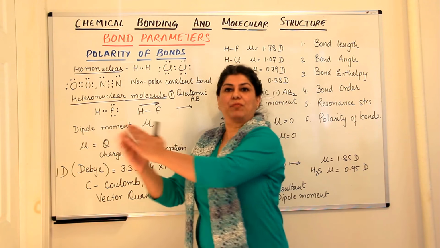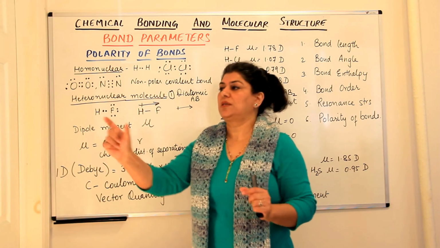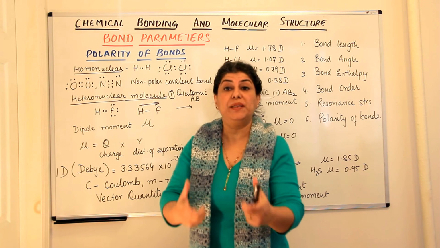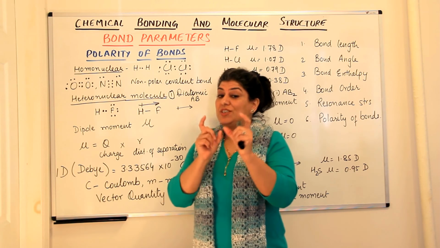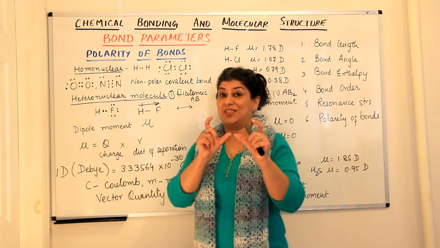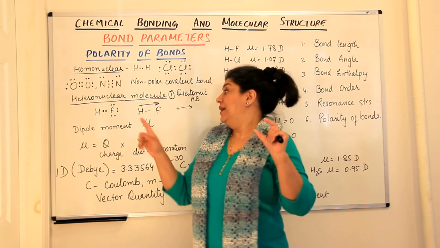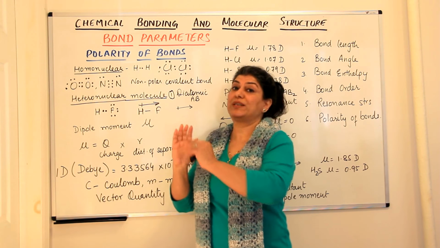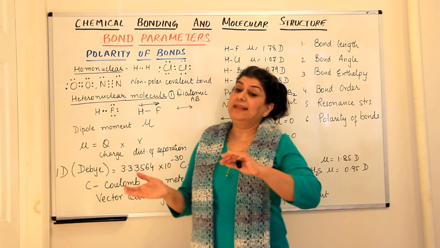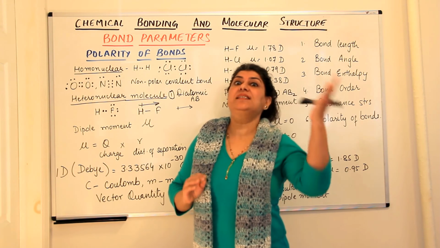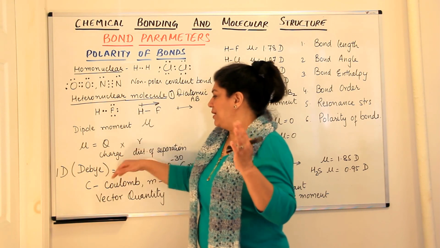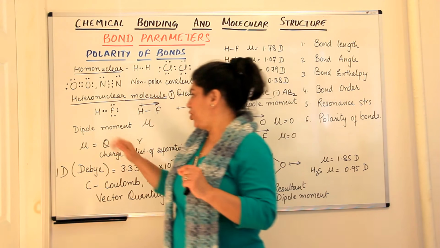It's not just that this is the dipole moment of this bond, this is the dipole moment of this bond, and the sum of these should be this. It's not just a mathematical sum of the quantities. You also have to keep the direction of that dipole moment in mind, and that affects the resultant dipole moment. I'll just come to that as we go further with this topic.